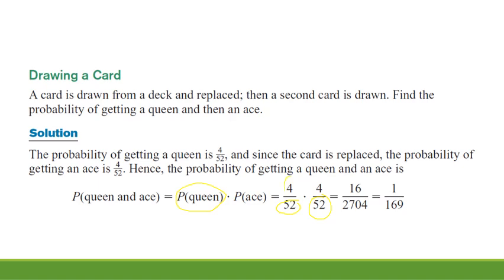Getting a queen does not affect the second event, and since the card is replaced, the probability of getting an ace is 4 over 52. So you just need to multiply.